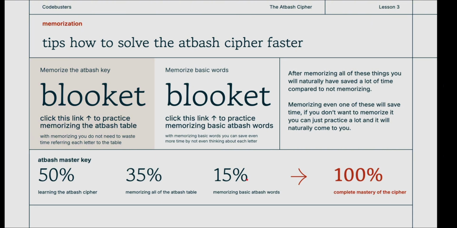So if you want to prioritize your time, you should learn the Atbash cipher first, then memorize it, and if you have extra time, you should memorize basic words. But most of the time, this stuff will come to you naturally after solving the cipher a lot of times. After you do all of these three, you will come to what I think is complete mastery of the cipher.